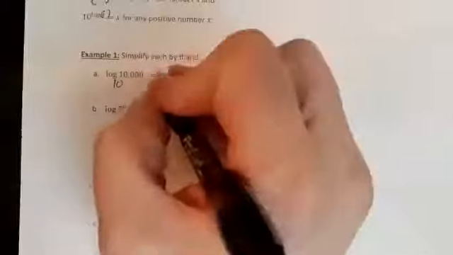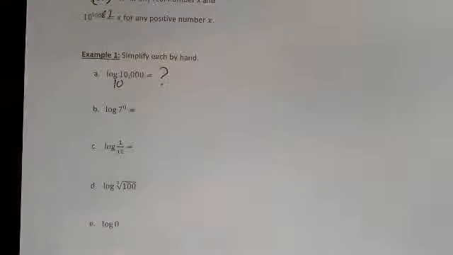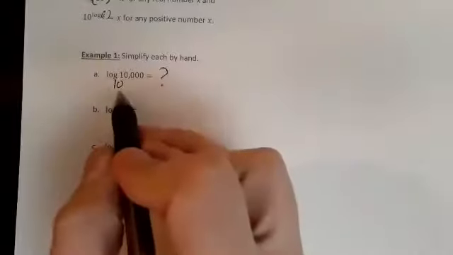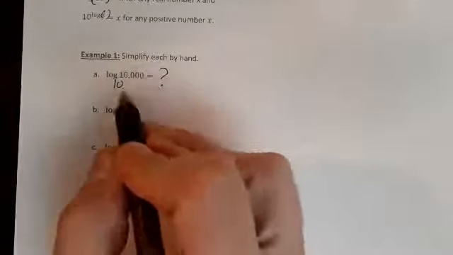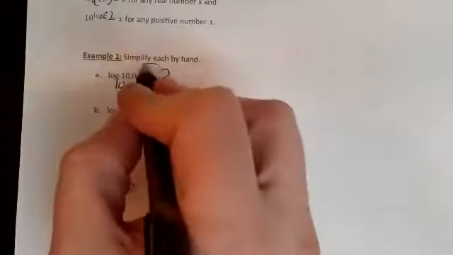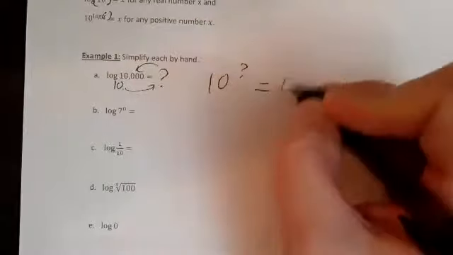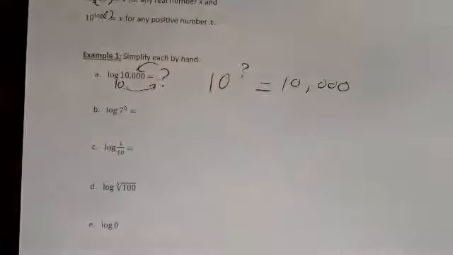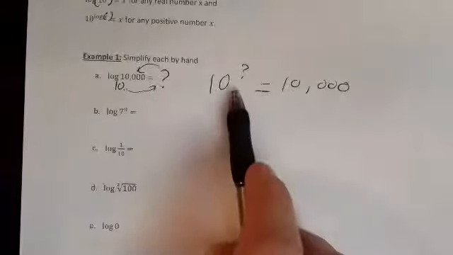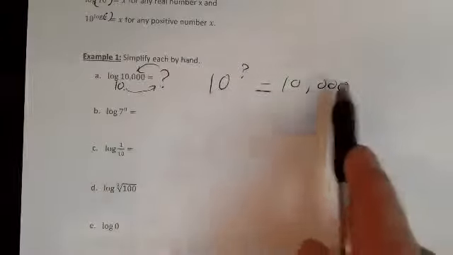And so there's a few ways we can do this, but this is log base 10. And so if we want to know what this is equal to, I would probably stick to that definition that they give you. But we're thinking, this is my base, this is my exponent, and this is what it's equal to. So sometimes people draw the little arrows like this, and they will say 10 to the what power is 10,000. Well, if you're in base 10, there's this thing called counting the zeros, right?